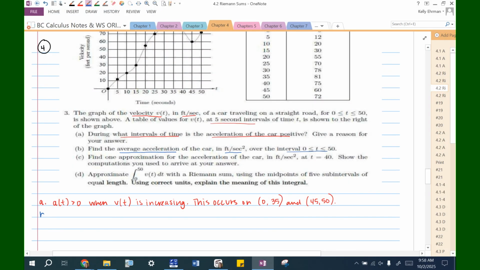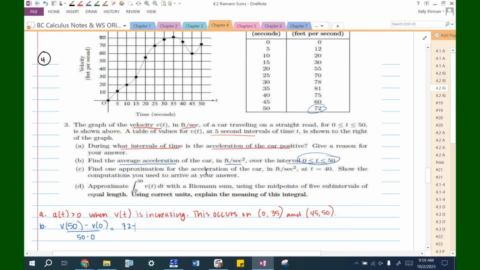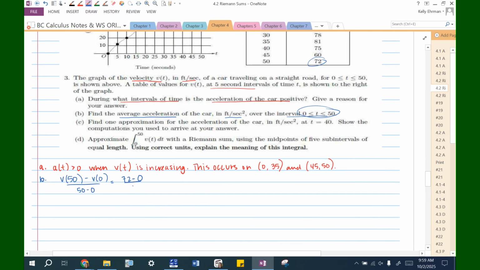So average acceleration is v of 50 minus v of 0 over 50 minus 0. I'm treating this non-calculator again, so v of 50 is 72 minus v of 0 is 0 over 50. I could leave it as 72 over 50, but that bothers me. I'm going to divide it, so 36 over 25.